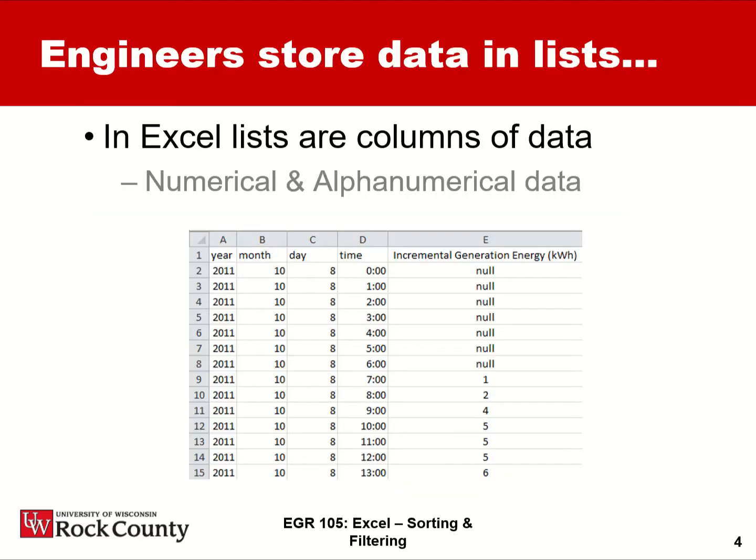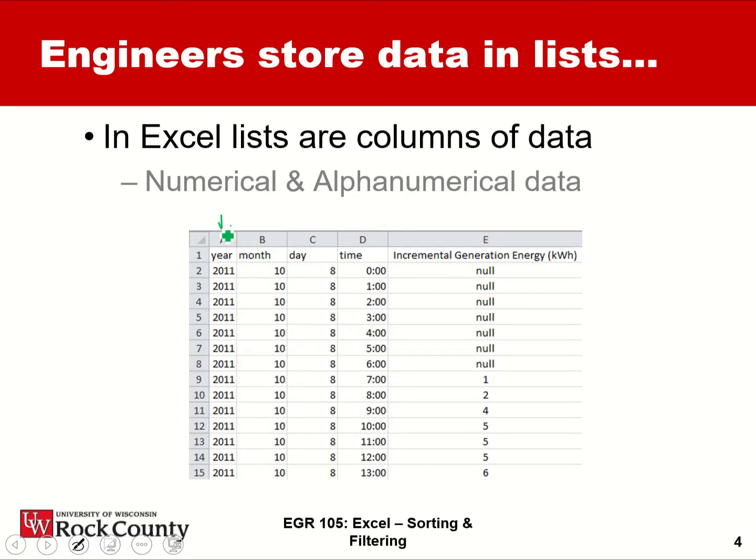Well, we can treat this data like a set of data and kind of look at it and find ways to sort this. So engineers kind of store data in lists. And if we look at this Excel, this is the data from the solar panels, and it gives information on each column.